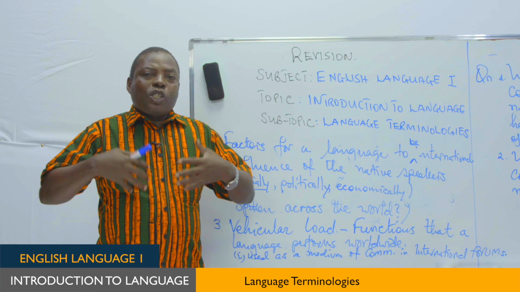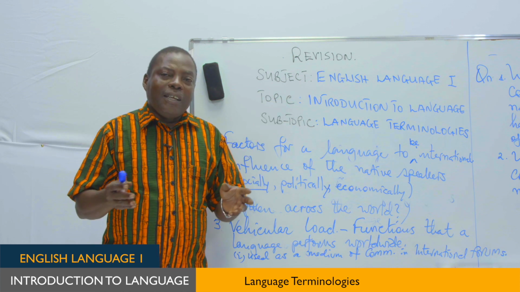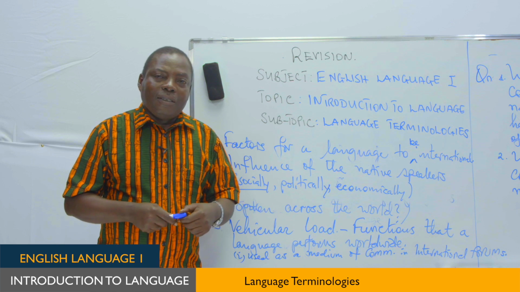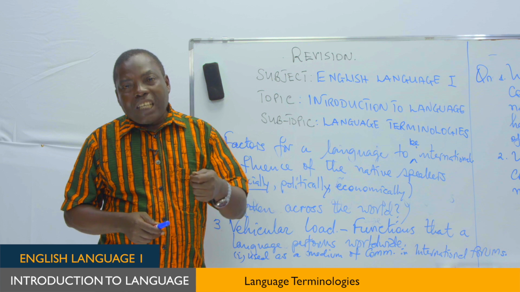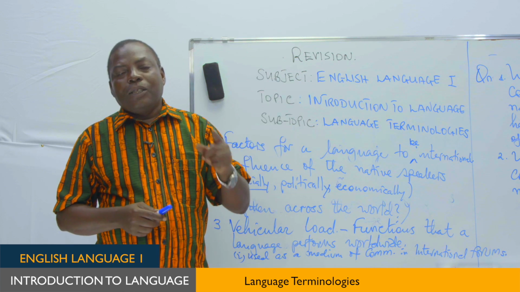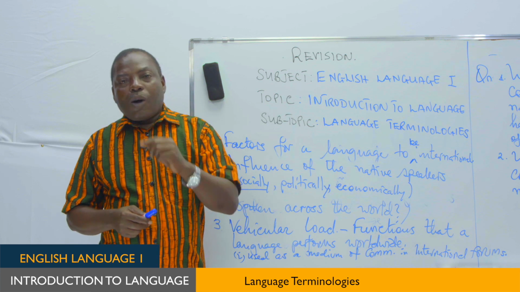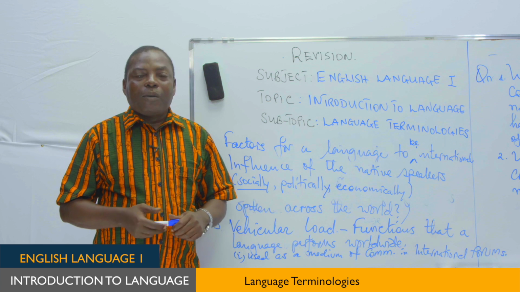So because of our social well-being, many people worldwide have learned Kiswahili. And so we have socially influenced the people around the world to learn Kiswahili. And that qualifies Kiswahili to be one of the international languages.